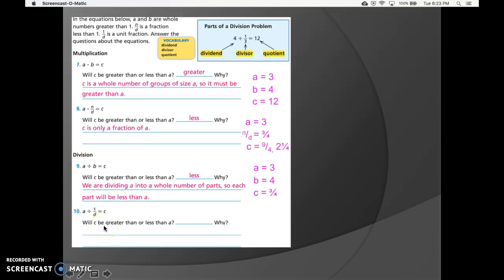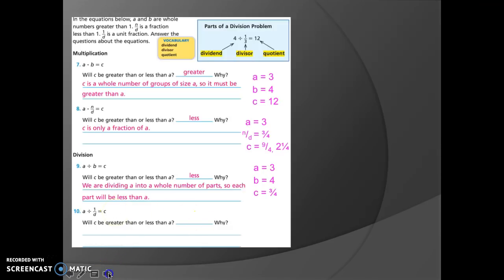Let's look at this one. Will C be greater or less than A? If we start with a whole number and divide it into fractional pieces, unit fractions, will C be greater or less? Well, in this instance, it's going to be greater. Why?